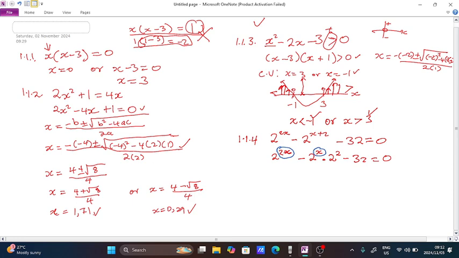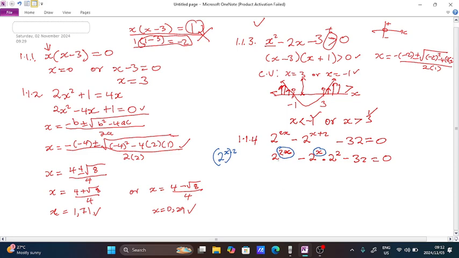So 2x and 1x, meaning the other one is double. If they are double, then there is a square here that you need to factorize. This part we can write as 2 to the power x multiplied by 2. So if it's like that, then I can take 2 to the power x to be what?